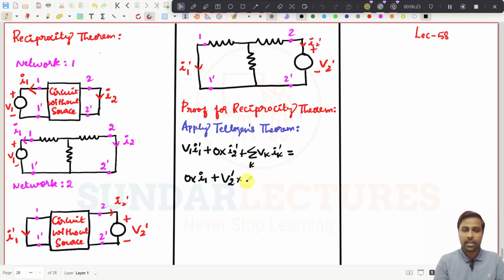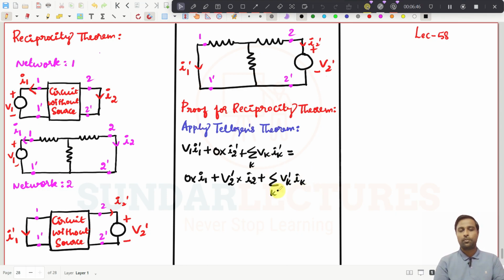This current will be I2 plus, same thing, right? What is the voltage and current in every resistor? That will be same, right? So summation k, it will be Vk dash into Ik, because the circuit voltage and the circuit current I am just taking, right?